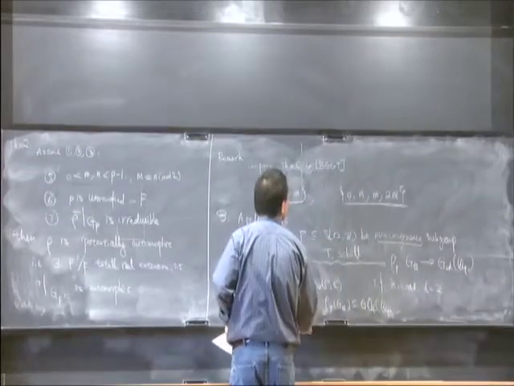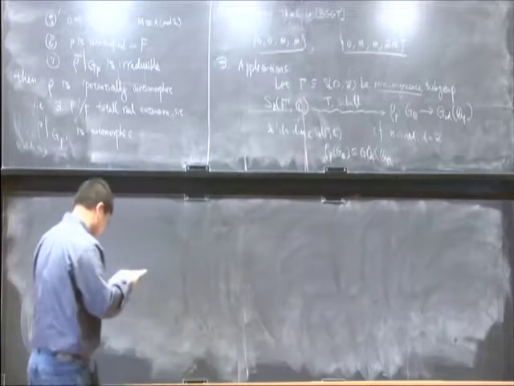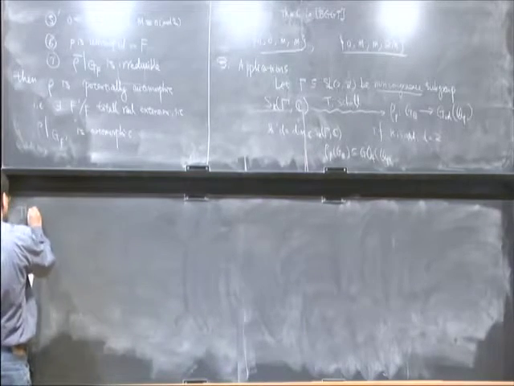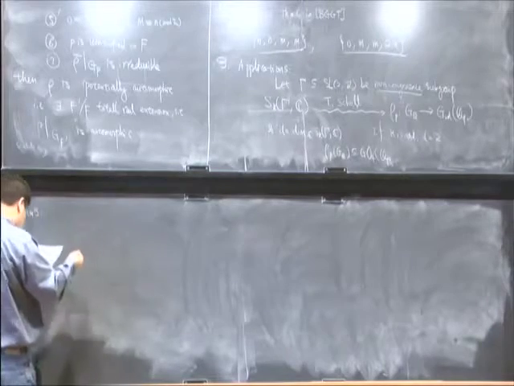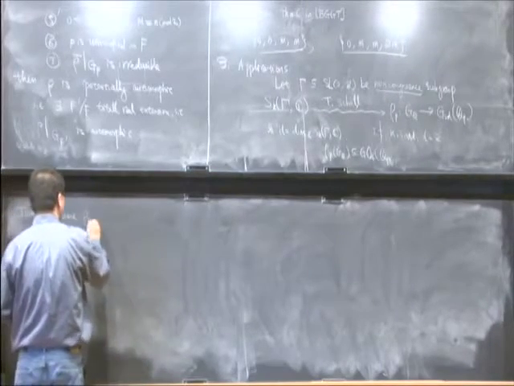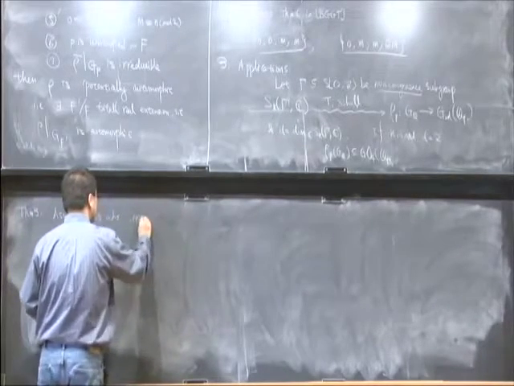All right. So now the theorem is that, assume ρ_p is absolutely irreducible.